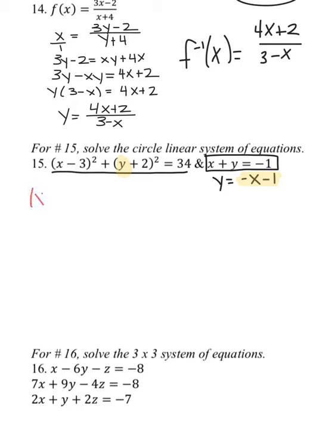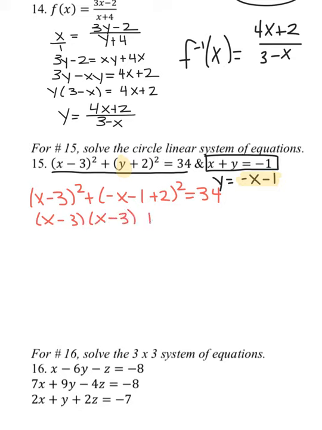So now I have x minus 3 squared plus negative x minus 1 plus 2 squared equals 34. So this is x minus 3 times x minus 3 plus negative x plus 1. I'm combining these two.